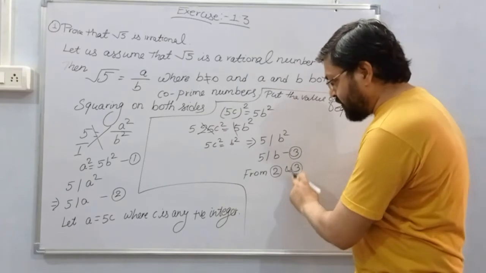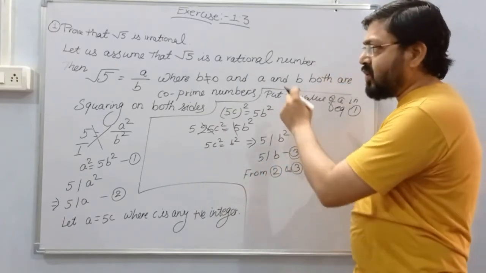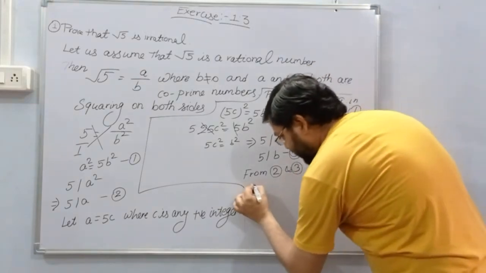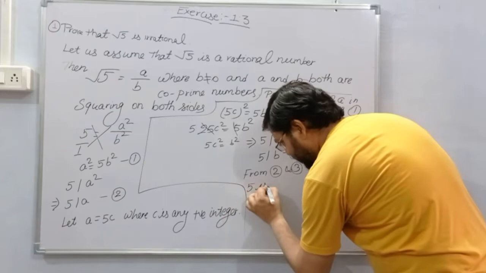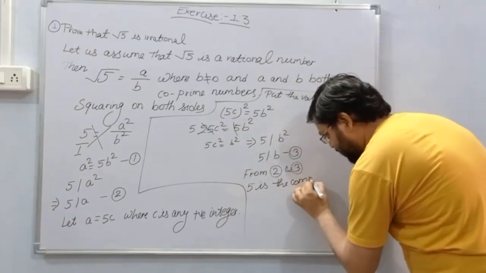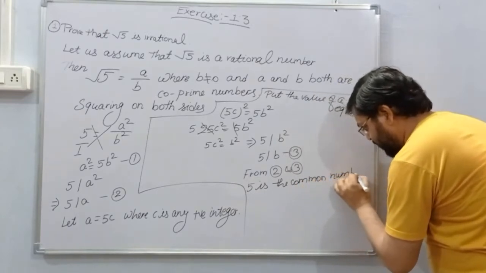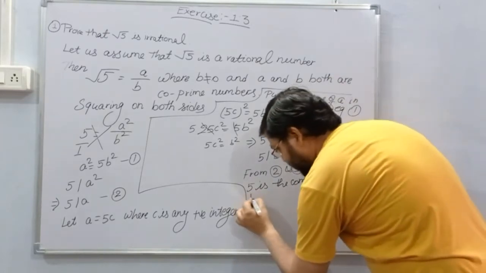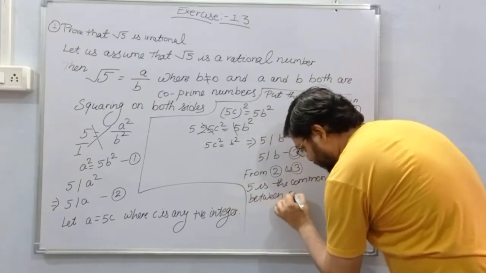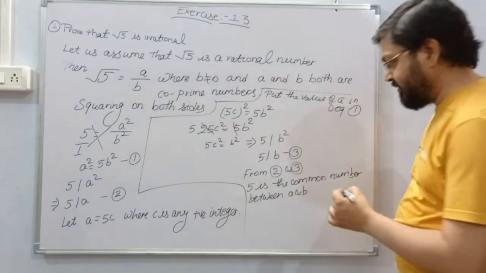And here I show from the second and third that 5 is a common factor. This contradicts my assumption.